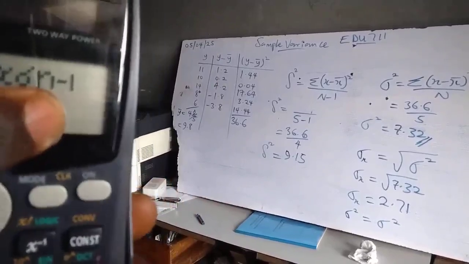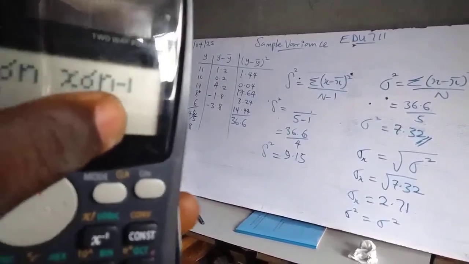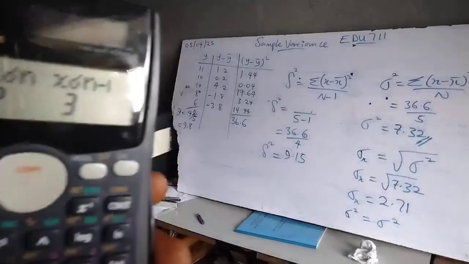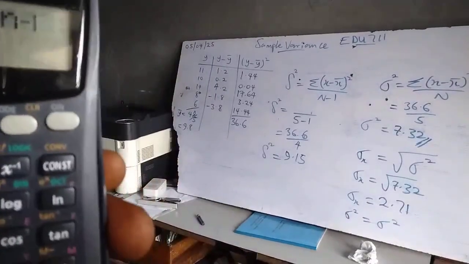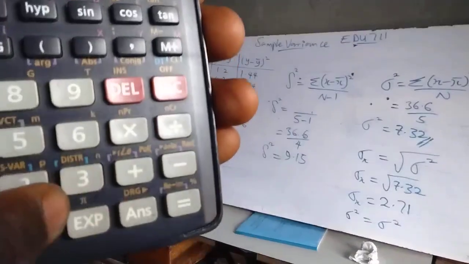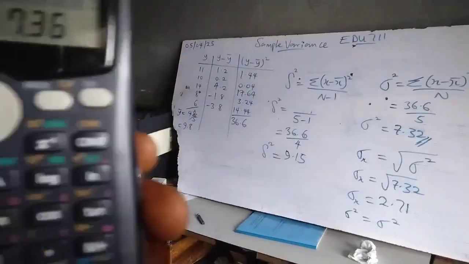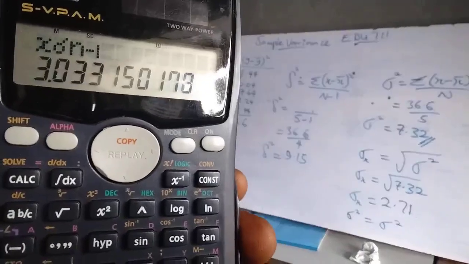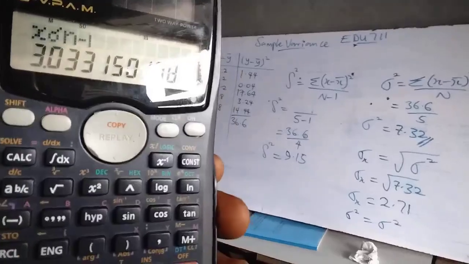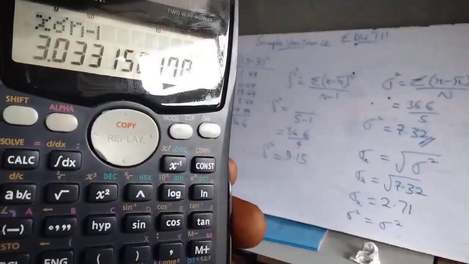So in case you are doing a t-test, when you get the value of this, let's press 3. When you press 3 on your calculator and you press equal to, you can see 3.033.